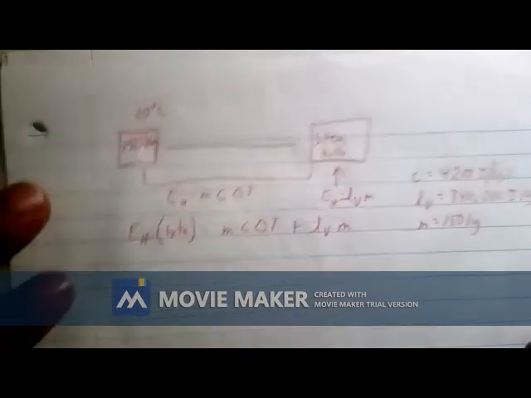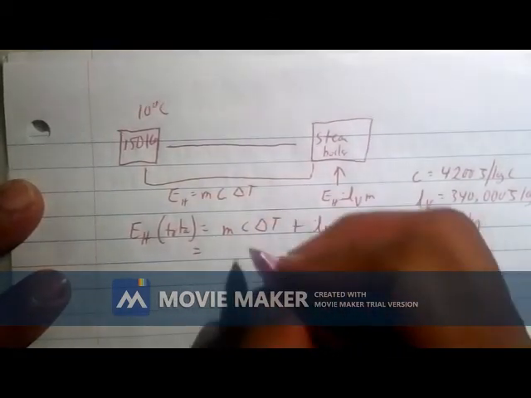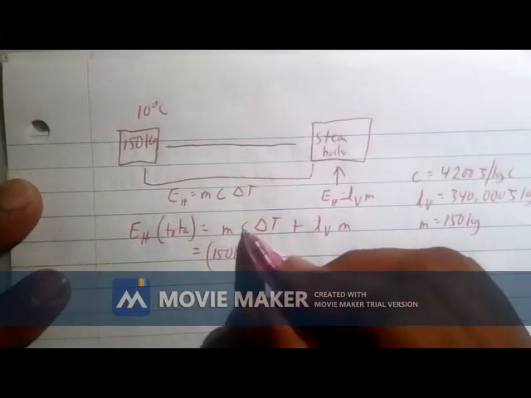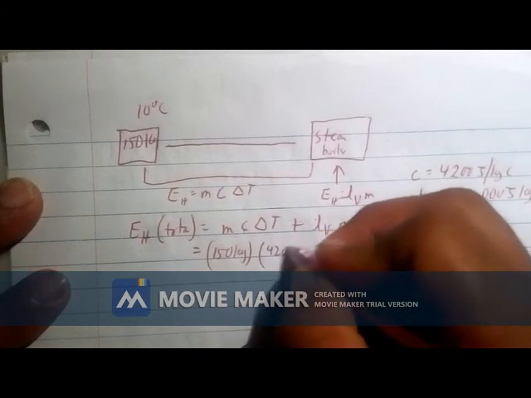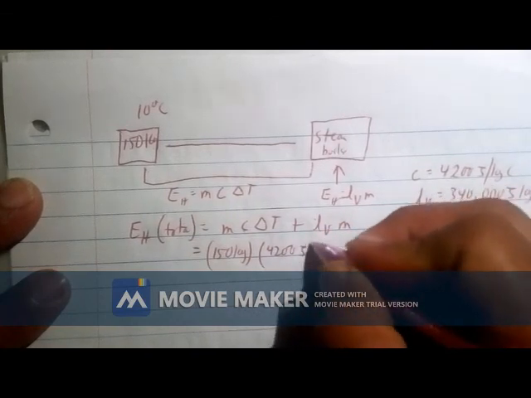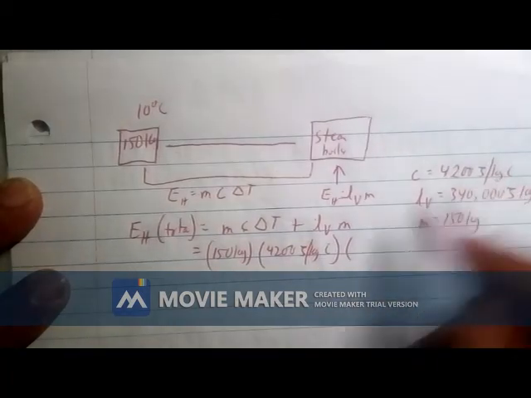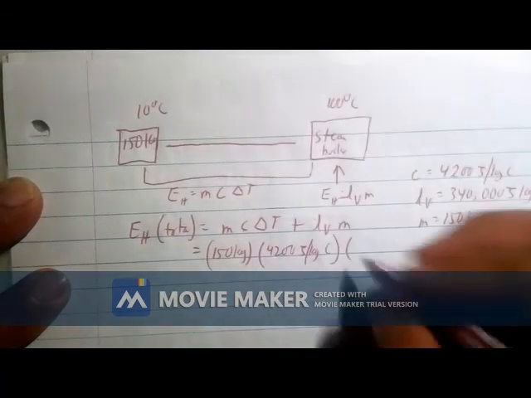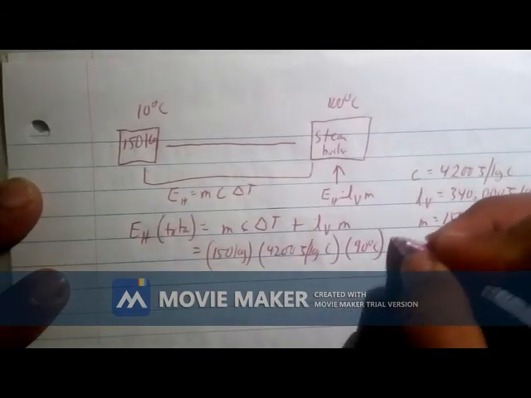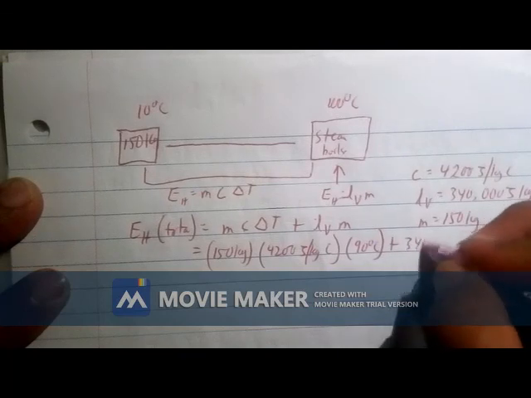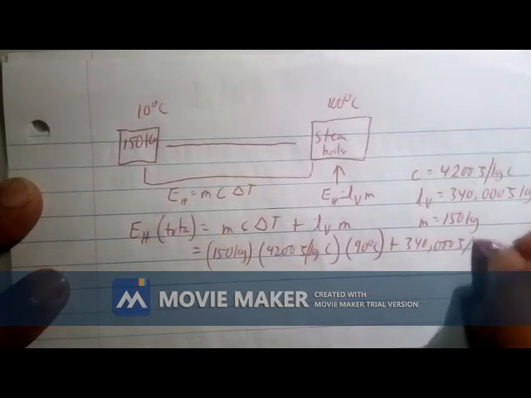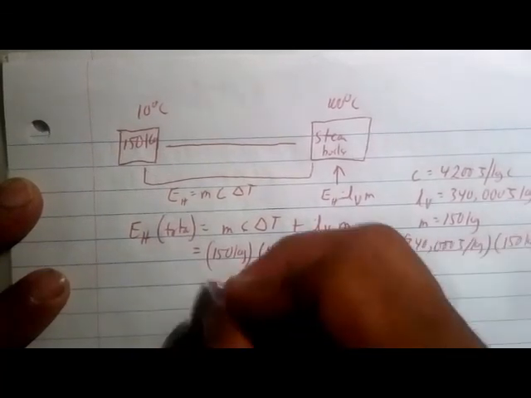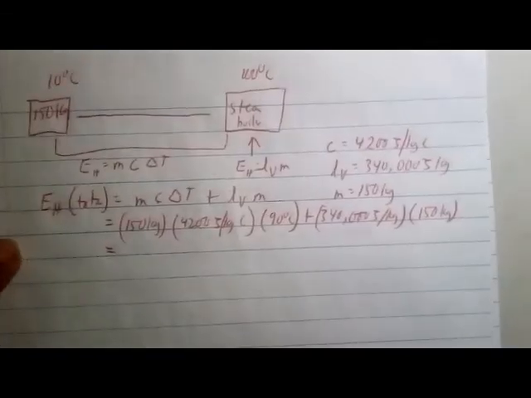So that amount of mass needs to be multiplied by the latent heat of vaporization. We put into our calculations mass 150 kilograms times specific heat capacity 4200 joules per kilogram per Celsius times the change in temperature. It went from 10 to 100 degrees Celsius, so we are talking of 90 degrees Celsius, plus the latent heat of vaporization in joules per kilogram times the mass, which is still 150 kilograms because it doesn't change. That becomes our equation.